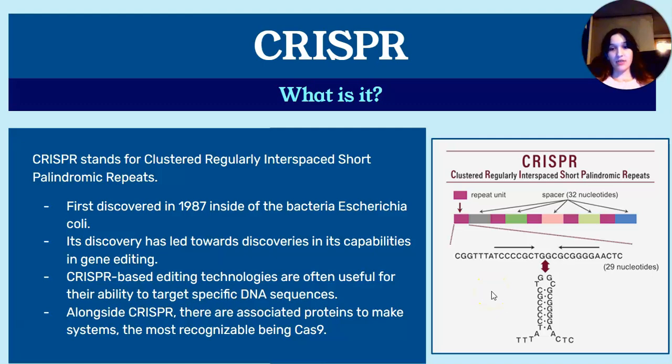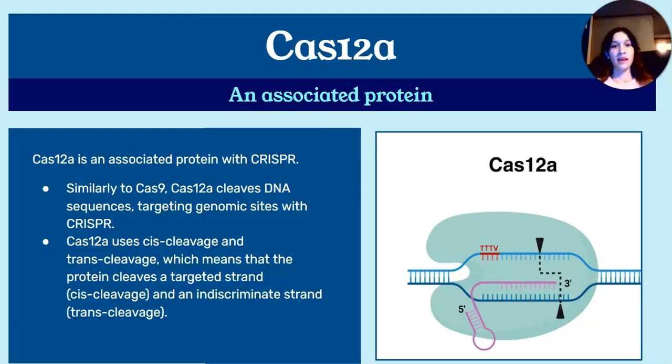Alongside CRISPR, there are associated proteins that make up these systems, the most recognizable being Cas9, which is used to cleave sequences and to, quote-unquote, copy and paste. Cas12a is also an associated protein with CRISPR. Similarly to Cas9, Cas12a cleaves DNA sequences, targeting genomic sites with CRISPR.